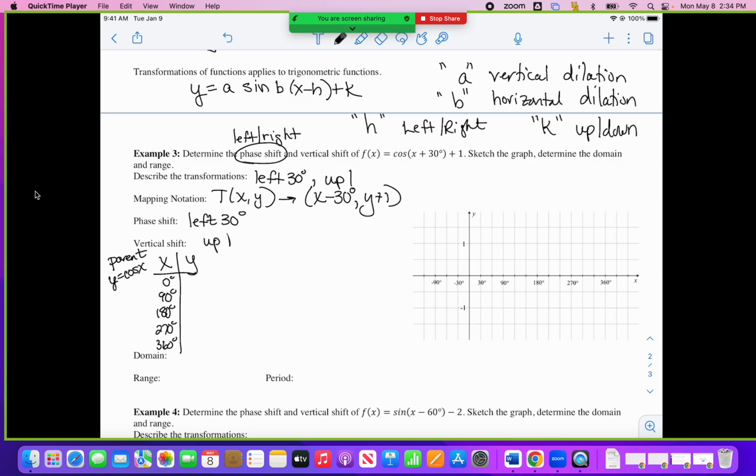Either you scroll up to your little circle, or you make another little circle, or I can do these in my head. I know to the right at 0 is 1 comma 0, so think of it in your head. Then cosine goes 1, and then I follow my pattern. So this parent table is going to go 1, 0, negative 1, 0, 1. So whether you can do it mentally, look up above, or sketch another circle.